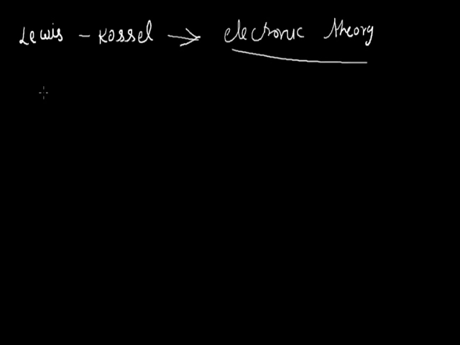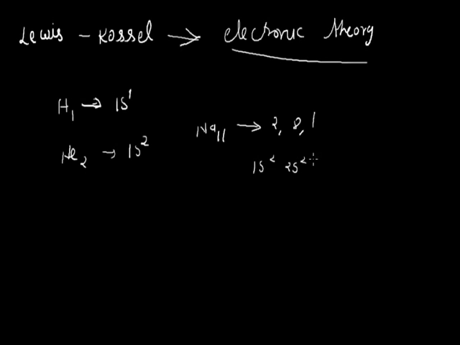So, Lewis-Kossel theory completely depends upon the electronic configuration of noble gases. For example, hydrogen, its atomic number is 1, that is 1s1. It tends to stabilize like helium, that is 1s2. Similarly, sodium, that is 11, its electronic configuration is 2, 8, 1, or 1s2, 2s2, 2p6, 3s1.